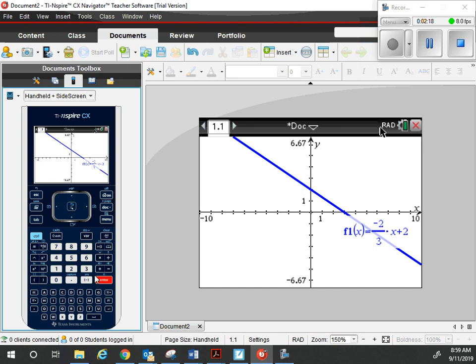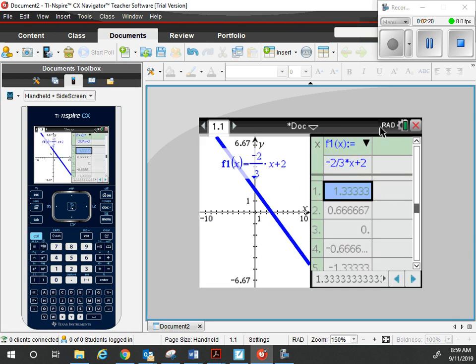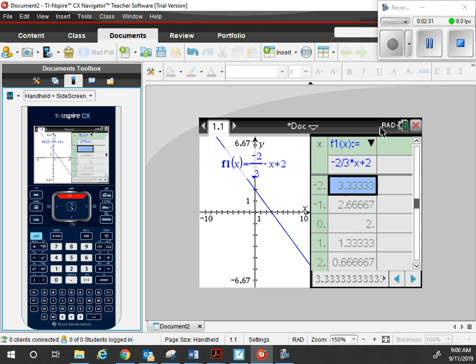Push Control T. Control T, table. So now you can scroll through your table and check your points. And see how you have 0.333, 0.6667, right? Because your slope was in thirds.